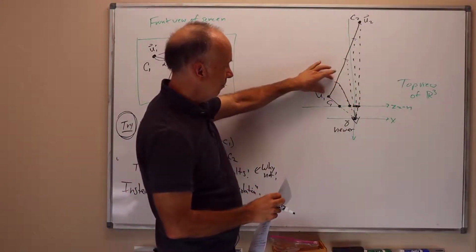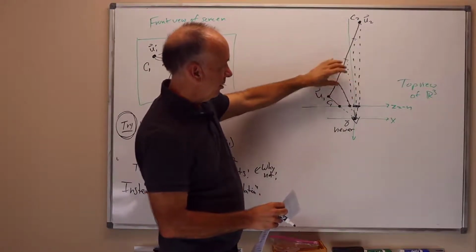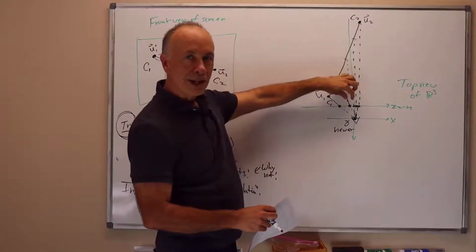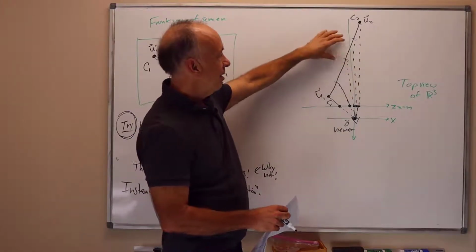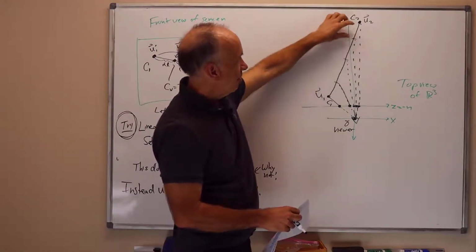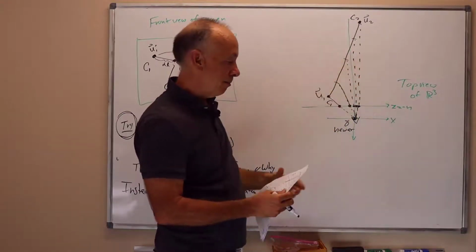So this quarter segment is close to the viewer. It occupies a pretty big area on the view screen. The next quarter segment is the same length in R3, but it projects onto a smaller area of the view screen. The next one is the same length again in R3, but a yet smaller area on the view screen. And the final one is still the same length in R3, but still much smaller here.